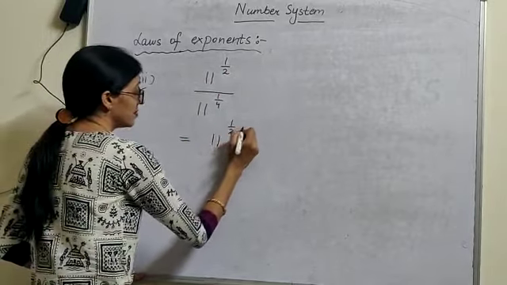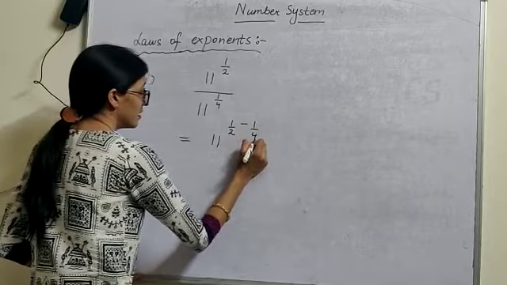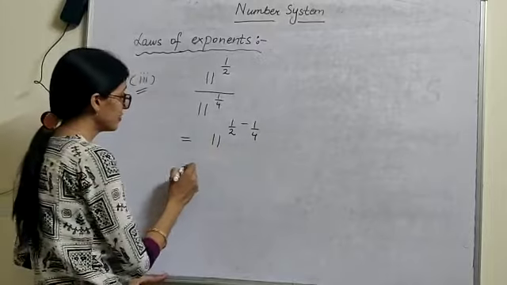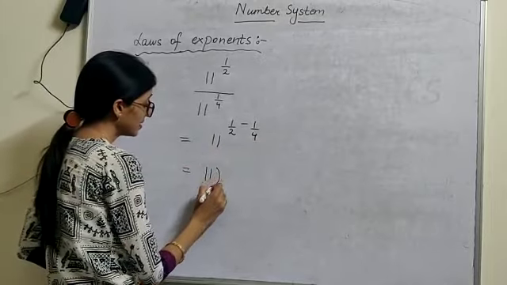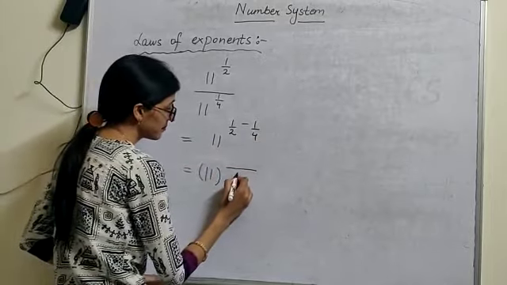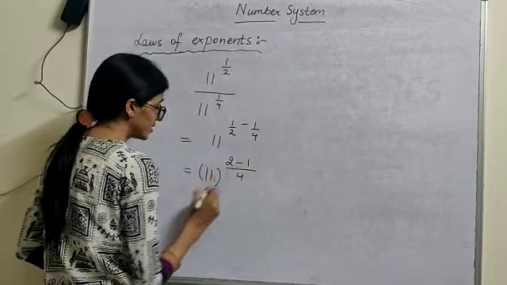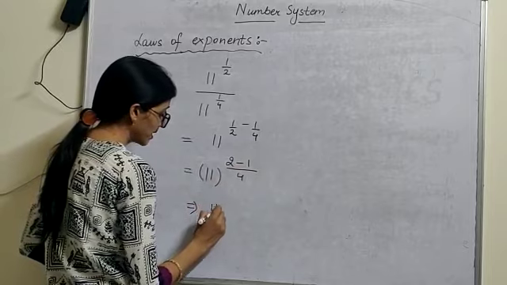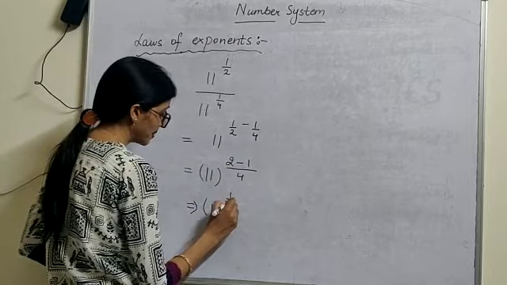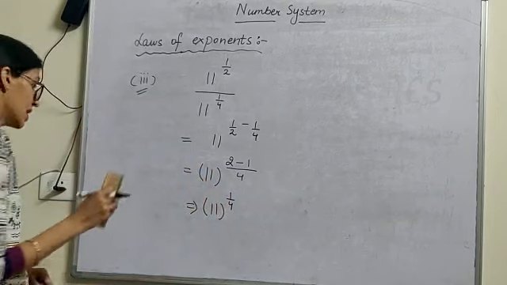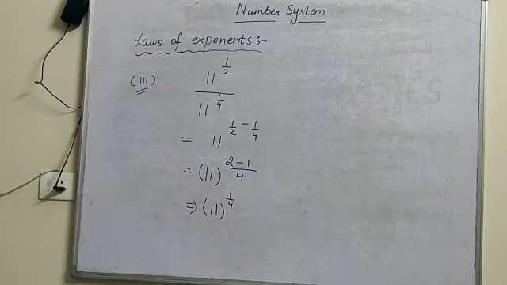So it will become 11 raised to power 1/2 minus 1/4. Again, take the LCM. 4, 2 minus 1. So it will become 11 raised to power 1/4. Is this clear? Come to the last question.